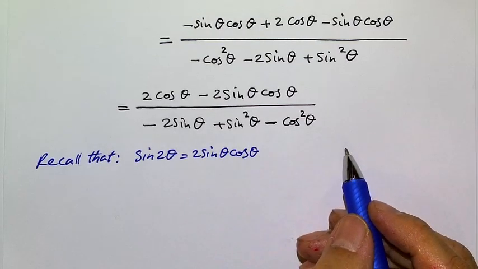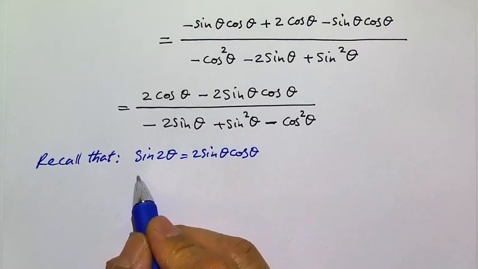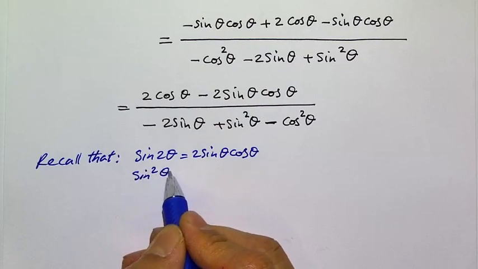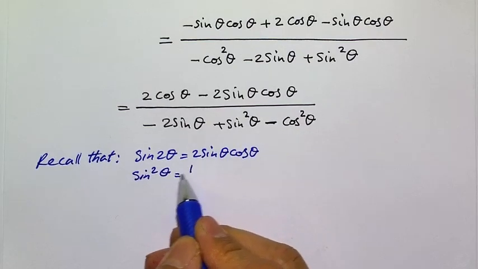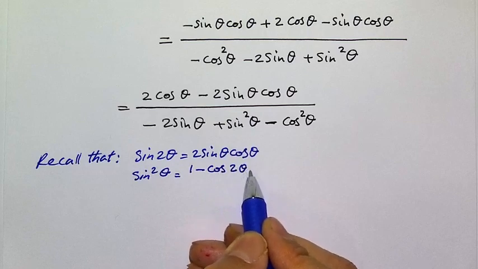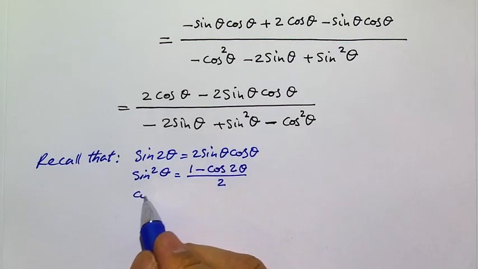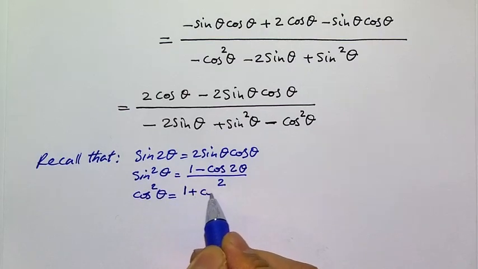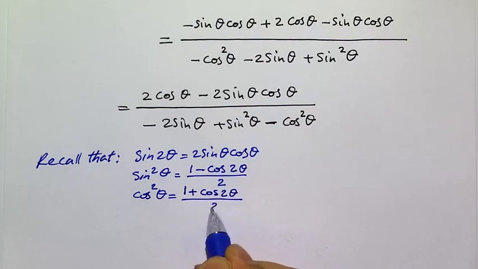And also recall that sine squared theta is 1 minus cosine 2 theta over 2, and cosine squared theta is equal to 1 plus cosine 2 theta over 2.